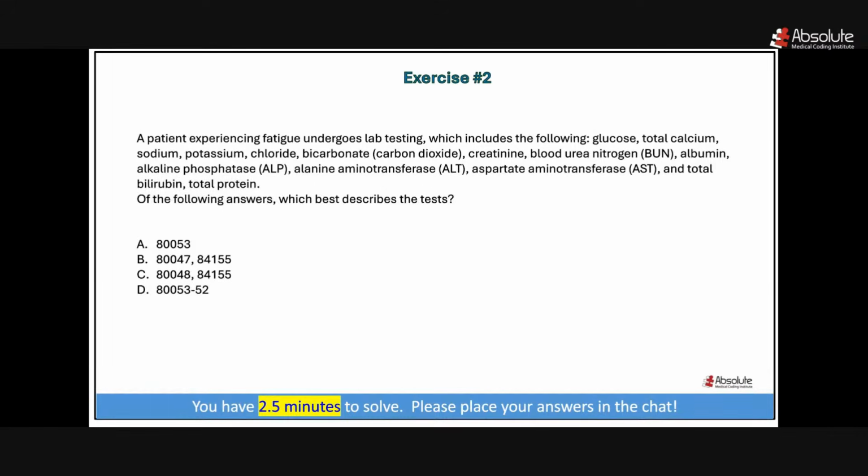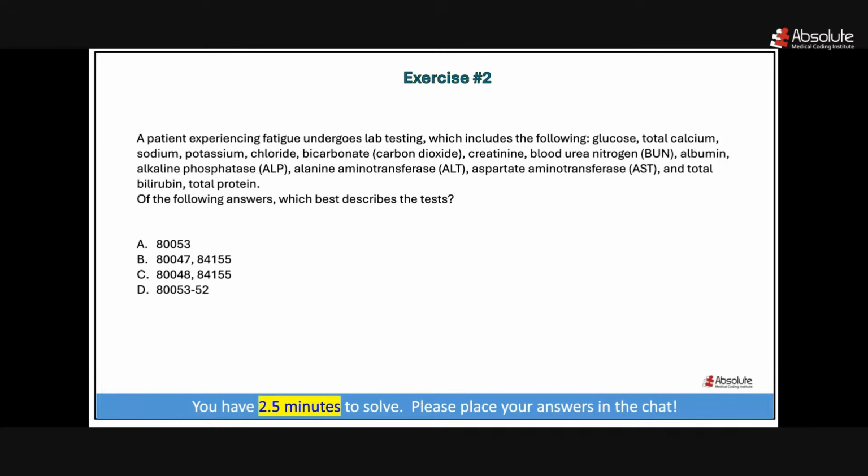Exercise number 2. Of the following tests, which best describes the laboratory service performed? Options are option A 80053, option B 80047 and 84155, option C 80048 and 84155, option D 80053 with a 52 modifier.